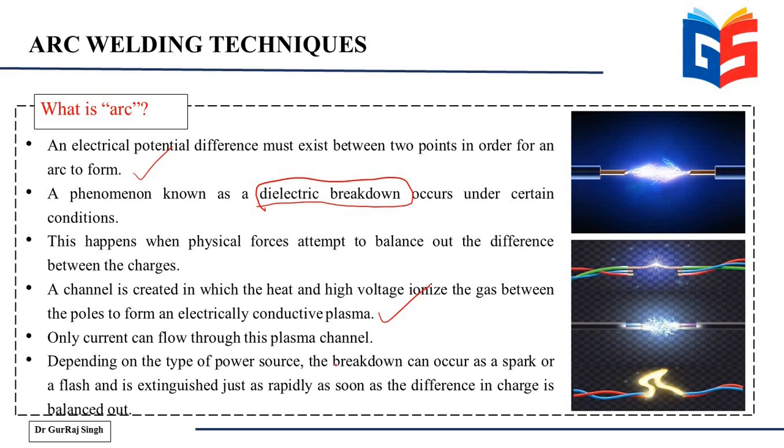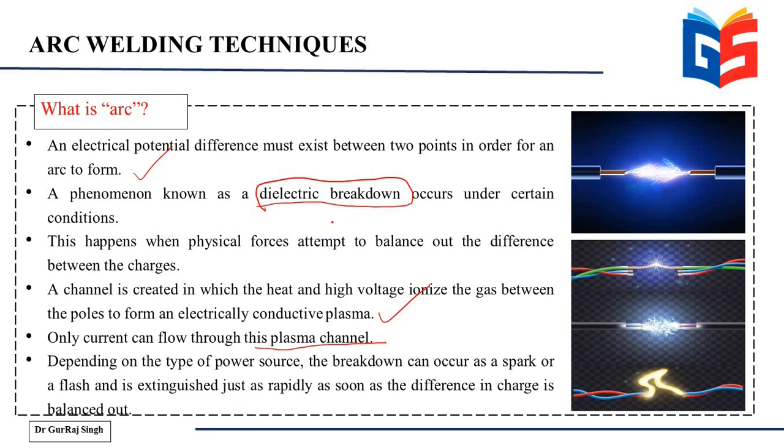So only current can flow through this plasma channel, and depending upon the type of power source, the breakdown can occur as a spark or a flash and is extinguished just as rapidly as the difference in charge is balanced out.